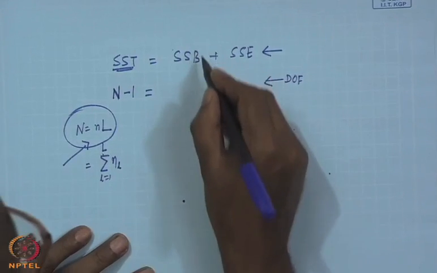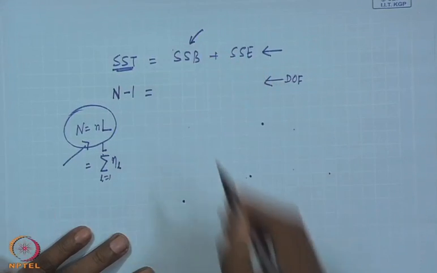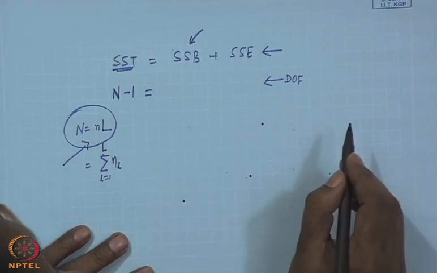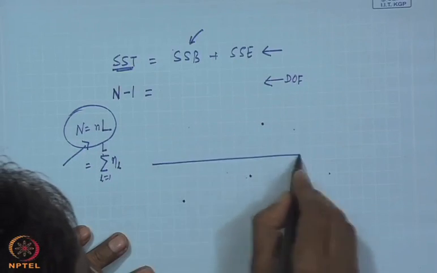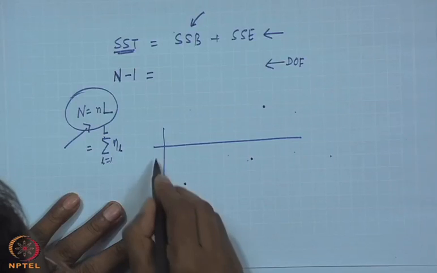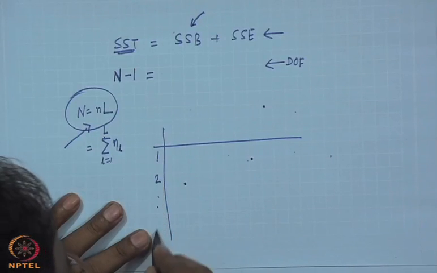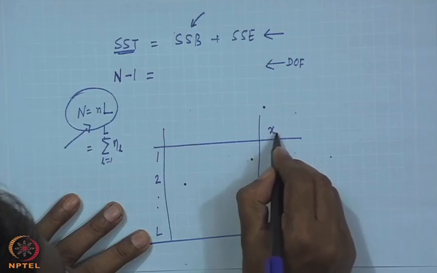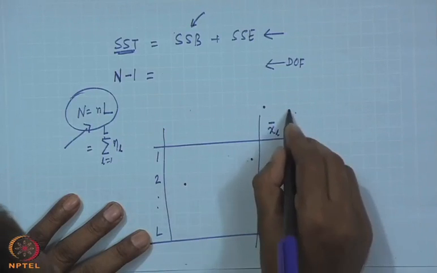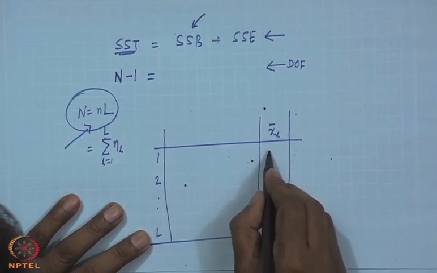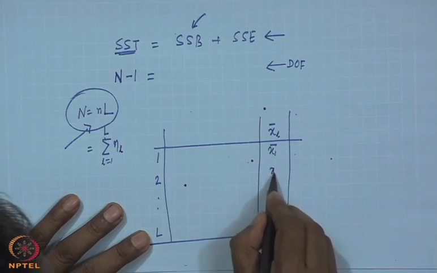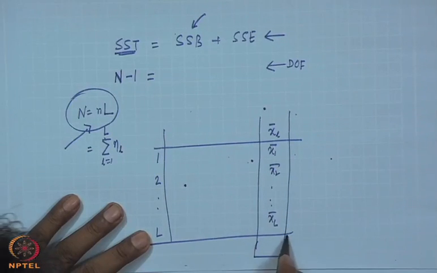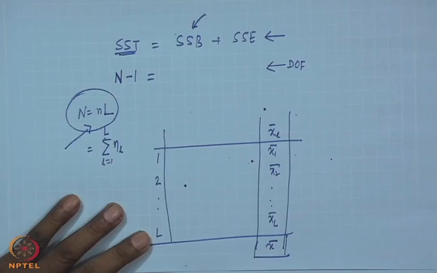Now, come to the between sum of squares. Under the between sum of squares, how many levels do you have? If you see the computation, you will be finding population 1 to population L, and you will be computing X1 bar, X2 bar, like XL bar, and then you find the grand mean X bar.